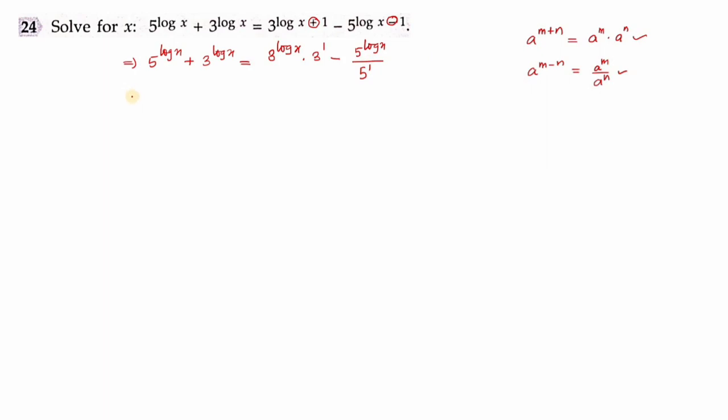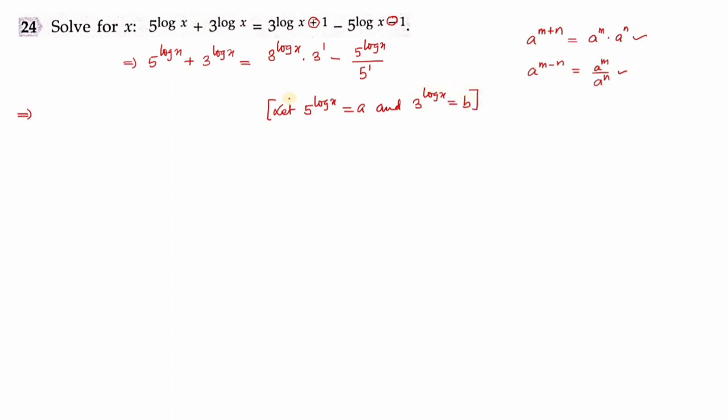Now in order to remove the confusion, let's do some substitution. In place of 5 to the power log x, I'll write a, and in place of 3 to the power log x, I'll write b.